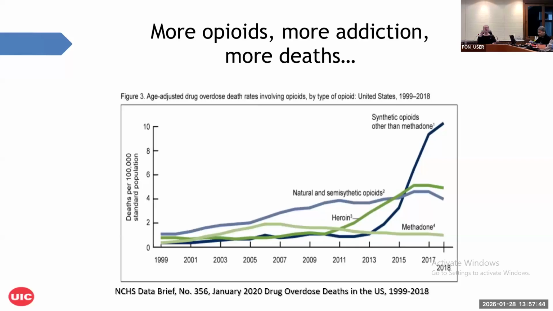And the reason this chart is cut off at 2018 is that's about when we figured out that in the United States, it was very embarrassing that we had more deaths related to opioids, the drugs, compared to car accidents.